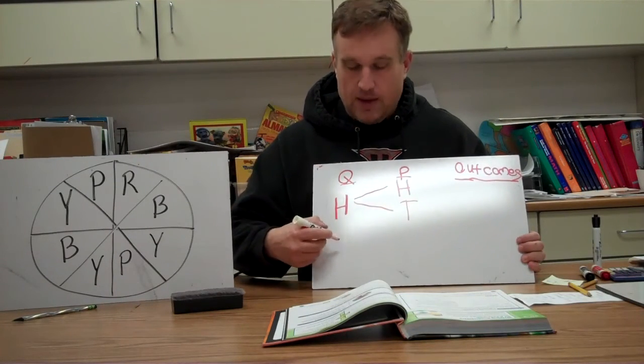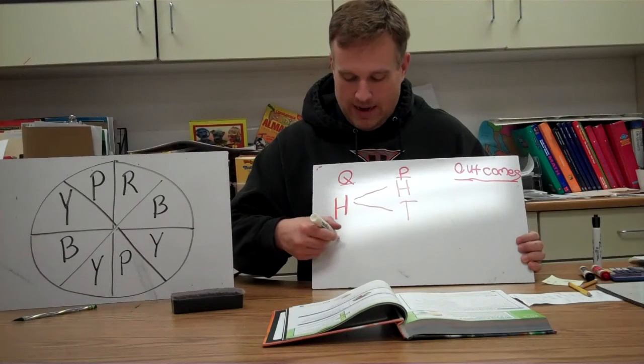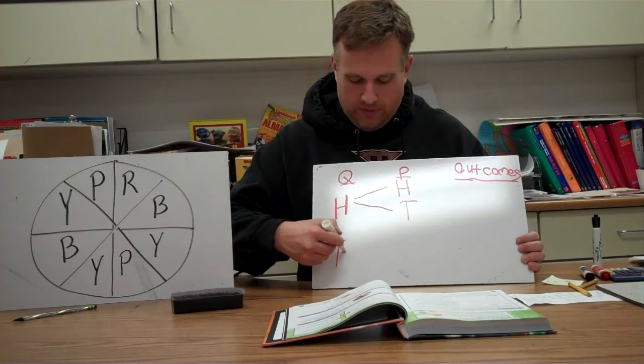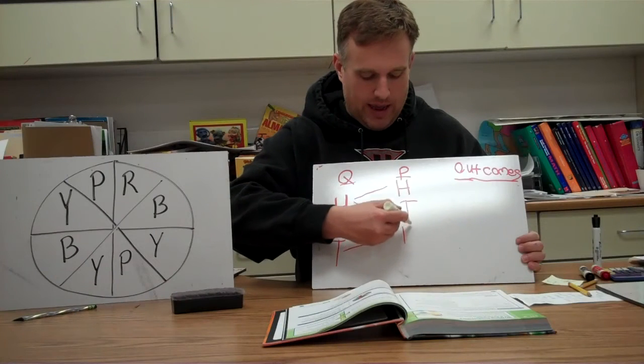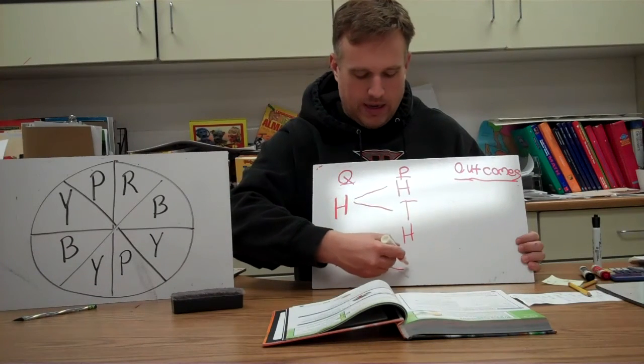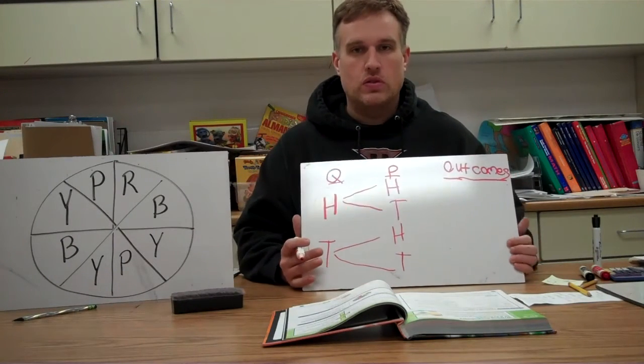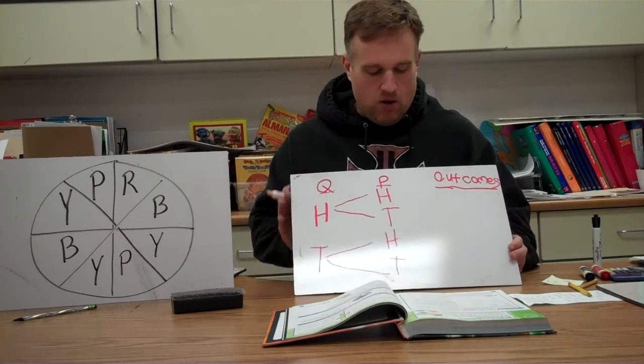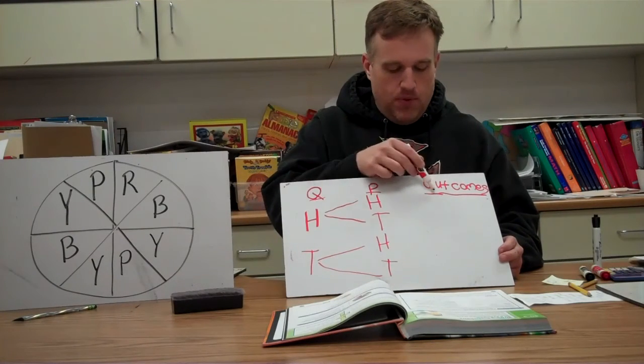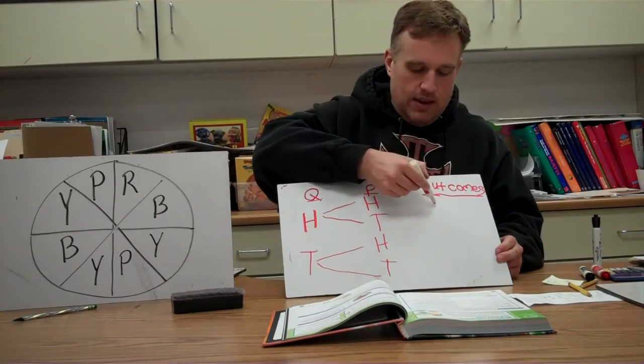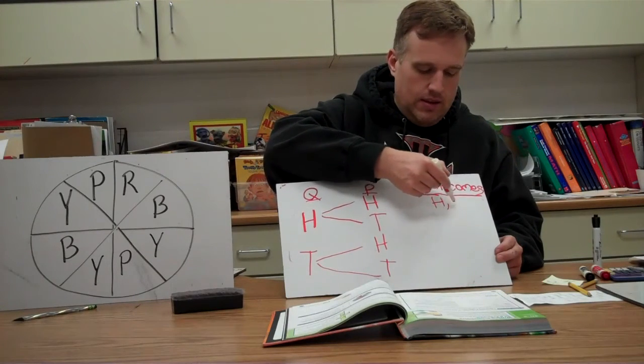Okay? Same thing if I flip the quarter and it lands on a tails. I have two options for the penny. It could land on a heads, or it could land on a tails. Okay? Now over here, we're just going to show the outcomes. So if I land on a heads, I'm just going to write it here. Heads.